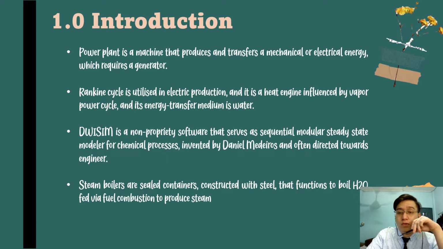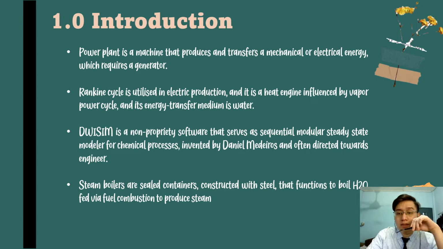Now, moving on to the Rankine cycle. The Rankine cycle is used in electrical production, and it's a type of heat engine that is influenced by the vapor power cycle, and its energy transfer medium is water. The next one is DWSIM. Now, what is DWSIM? DWSIM is a non-proprietary software that serves as a sequential modular steady-state modeler for chemical processes.